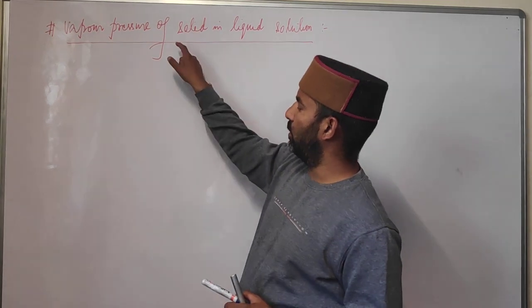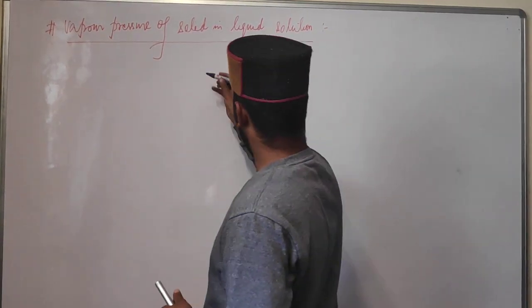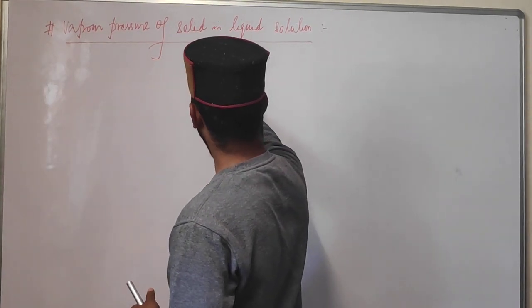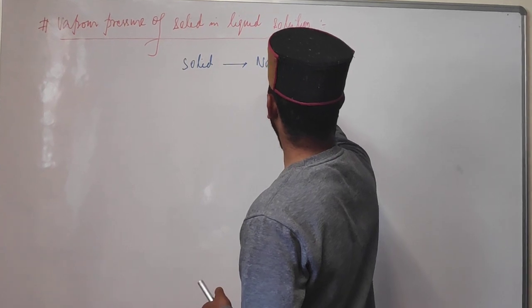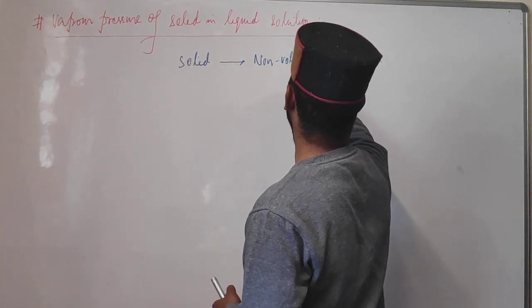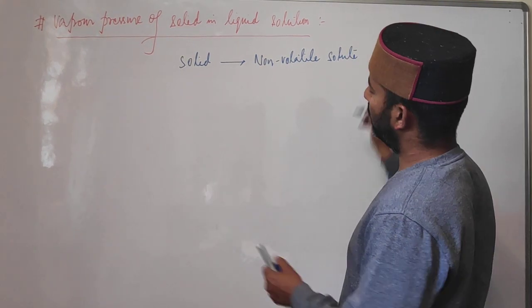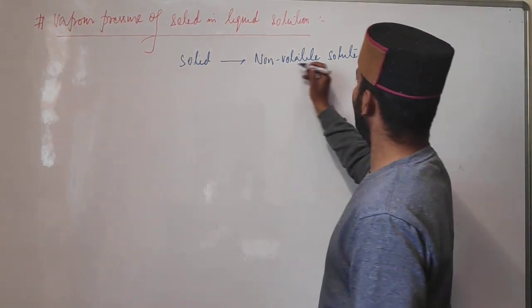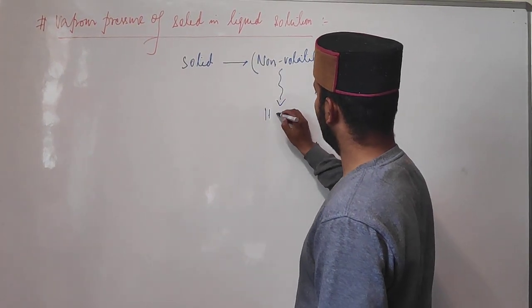In this case, that is solid in liquid solution, our solid is actually a non-volatile solute. So we are considering solid to be a solute, and kaisa? It is non-volatile, which means it does not form vapors.